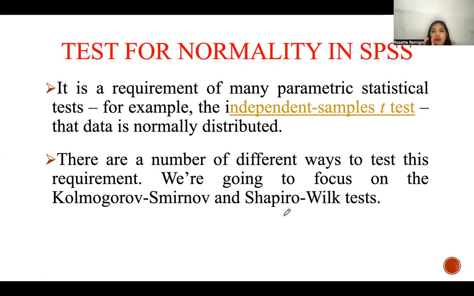Again, kapag validity, Pearson product-moment correlation. Reliability is Cronbach's alpha. And here, in normality naman, we're going to use this Kolmogorov-Smirnov and Shapiro-Wilk test.